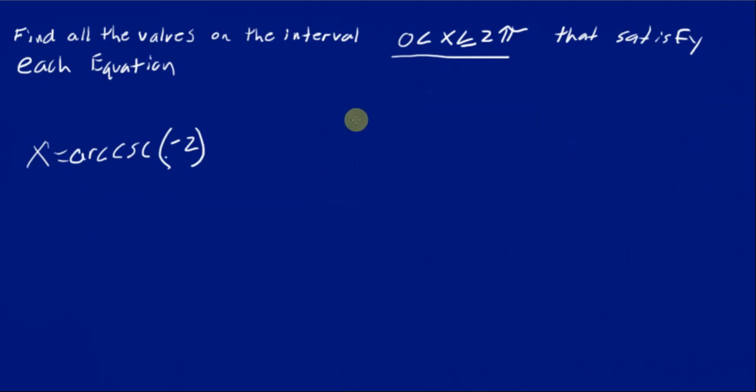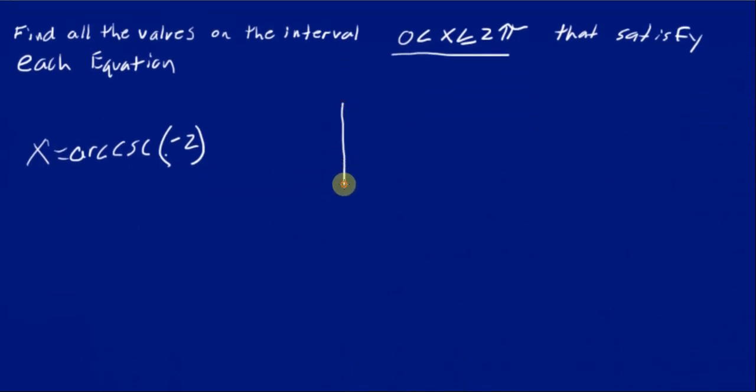Okay, last example here, I'm going to do the arc cosecant of -2. So the cosecant is the reciprocal of the sine. So basically we're looking, where's the sine -1/2? Well, the sine is negative over here and over here.